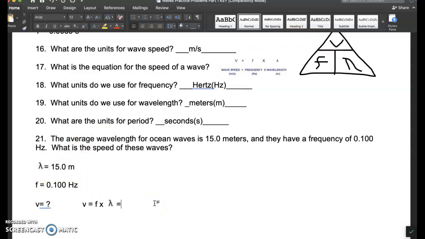So I just plug that in, and I'm going to get frequency 0.100 hertz times 15.0 meters, and that's going to give me an answer of 1.5, and it's wave speed, so that's meters per second.